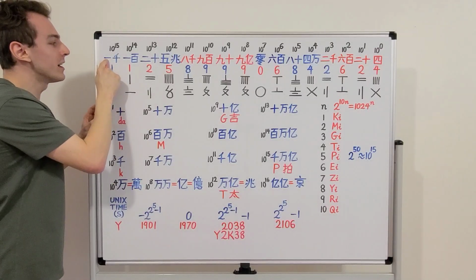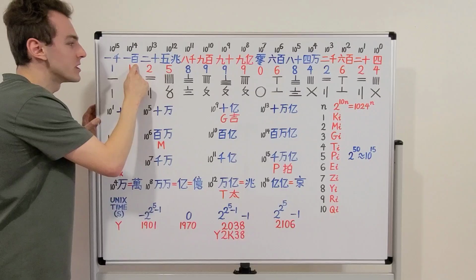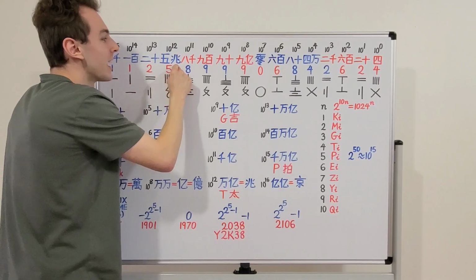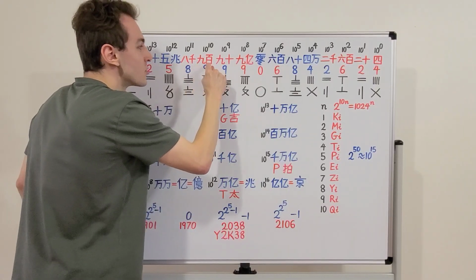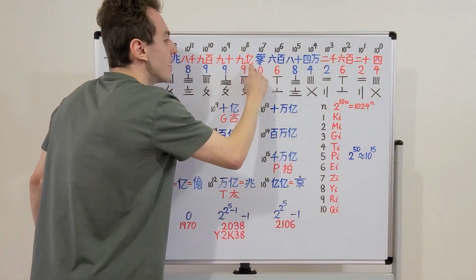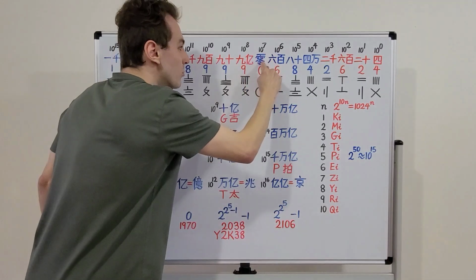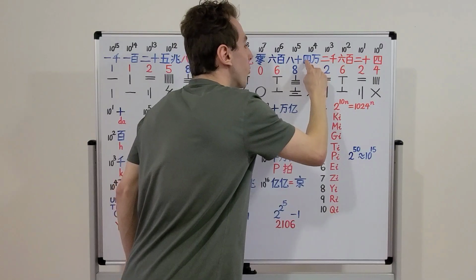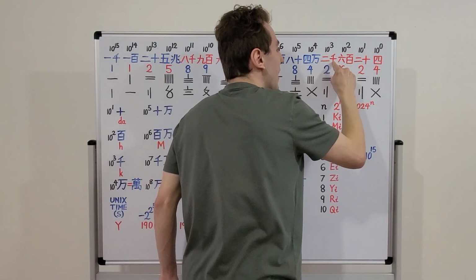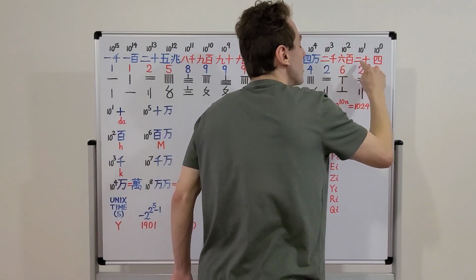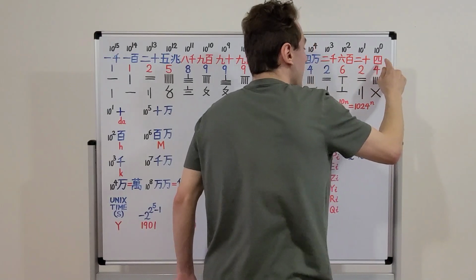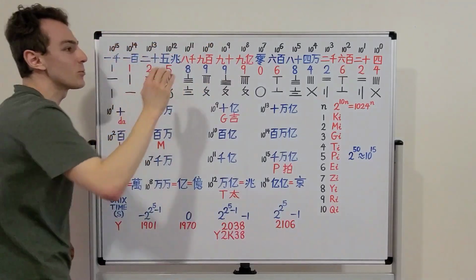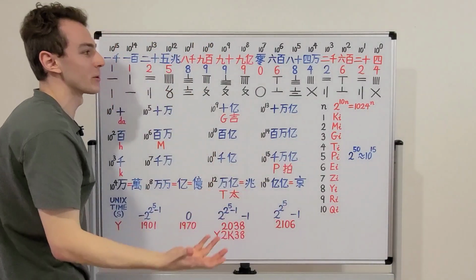We have 1,100, 210, 5 myriad cubed, 8,900, 910, 9 myriad squared, 0, 600, 810, 4 myriad, 2,600, 210, 4. So we're grouping these digits into groups of 4. And we're dealing with myriads and powers of myriads.